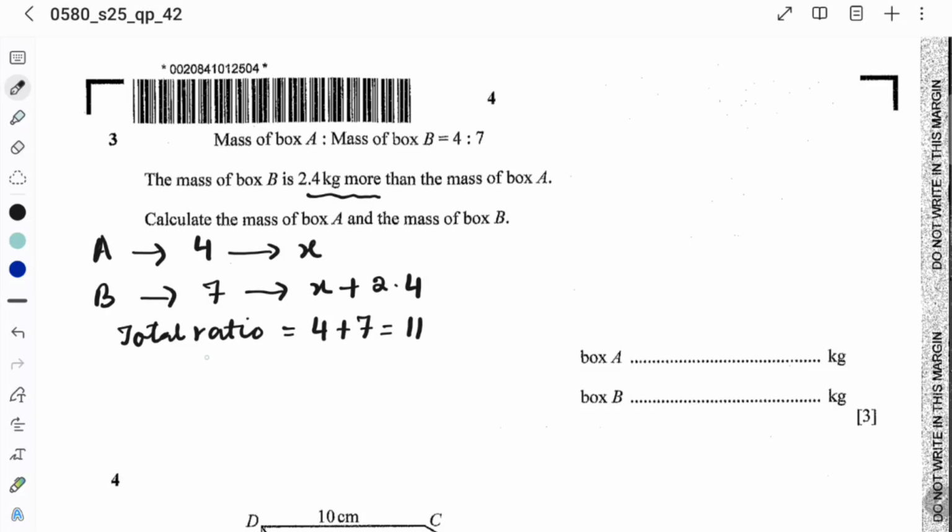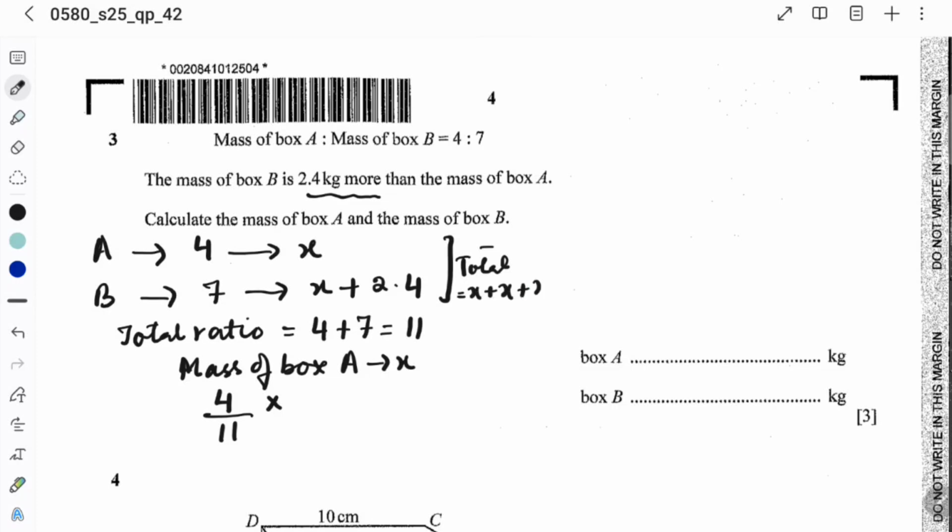Mass of box A is 4 over 11 multiplied by the total. The total is x plus x plus 2.4, which is 2x plus 2.4. So we write 4 over 11 times 2x plus 2.4, which is the value for x, because we are going to find the mass of box A.